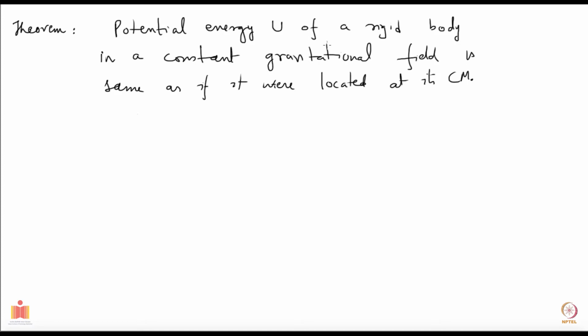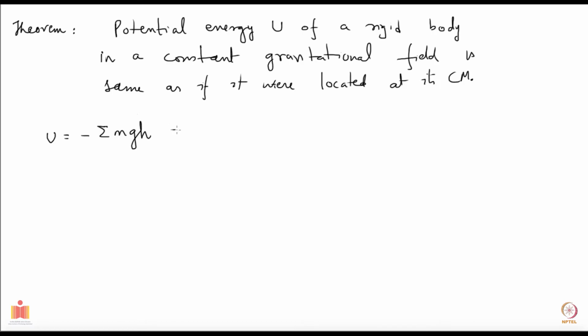Let's see how. You have the potential energy due to gravitation as minus the sum over all the particles of m g h, the height of those particles from some reference origin.